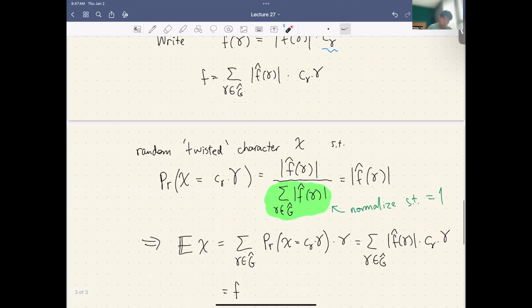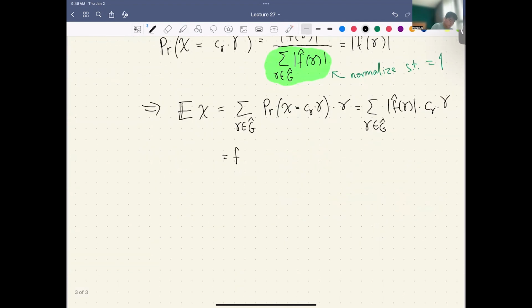You sample this random character chi, IID copies of that, and we know the expectation is the function we want to approximate. So as long as the number of samples you take is large enough, we can approximate in L^p norm close to this function. It's the same as in Carathéodory.